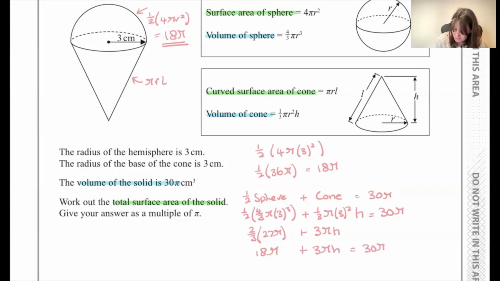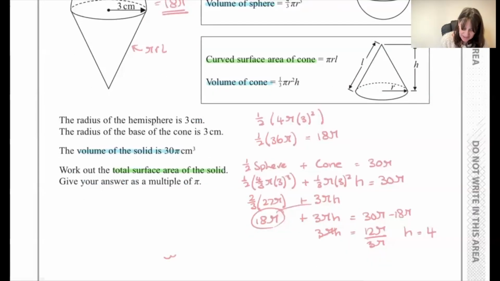Now I'm going to take off 18 pi to give me 3 pi h equals 12 pi. Divide through by the 3 pi, and h is equal to 4. If I'm thinking about my cone, I'll try and draw a half decent one. I've just worked out the height, which is 4.